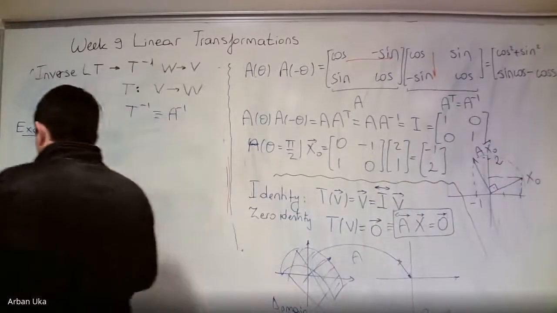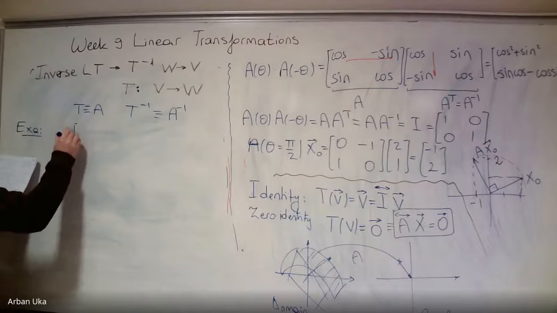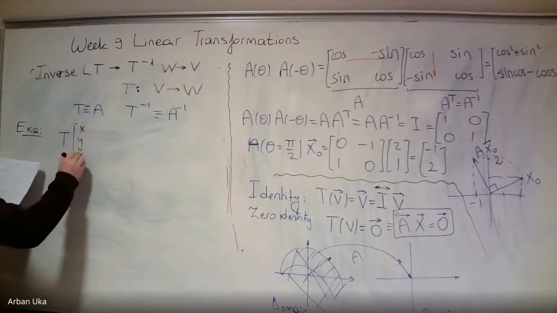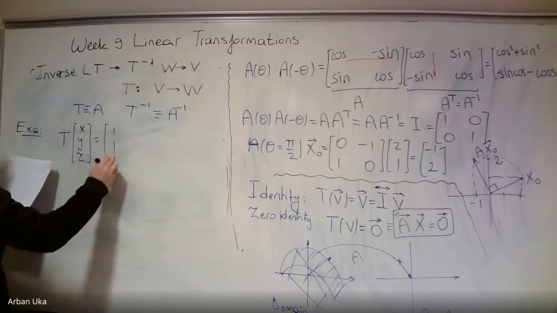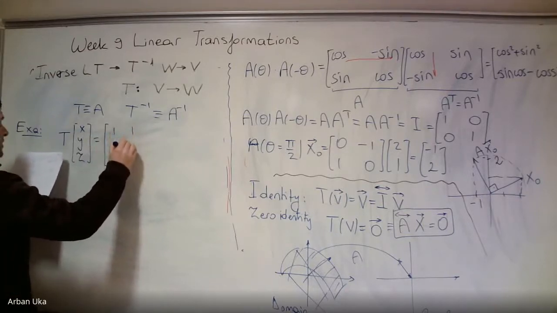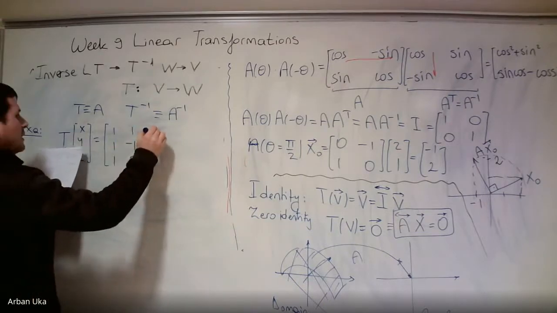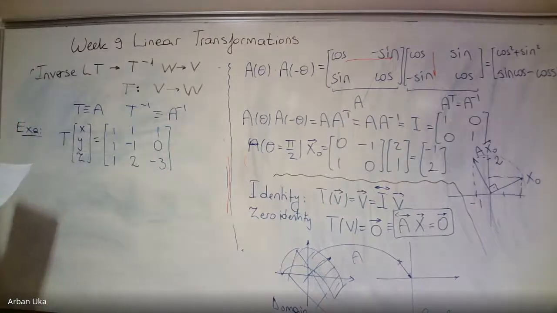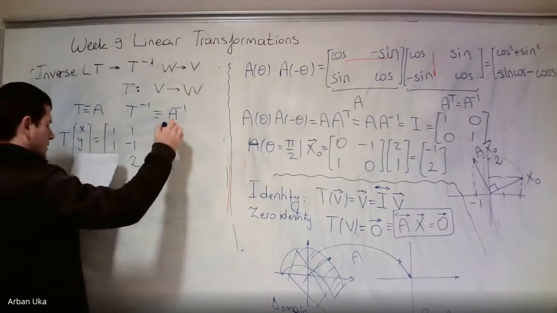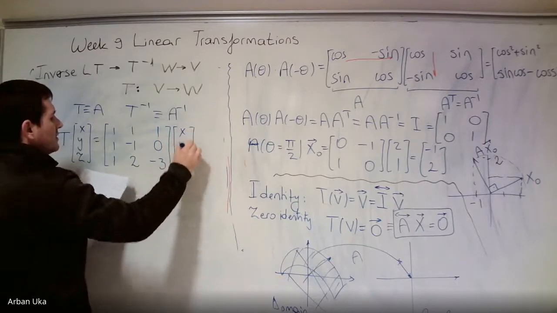Let's see an example. Let's assume that we have a linear transformation represented as T(x, y, z), and this is equal to the matrix that we obtained in the previous session, 1, minus 1, 2, 1, 0, minus 3, and we apply this on x, y, z.